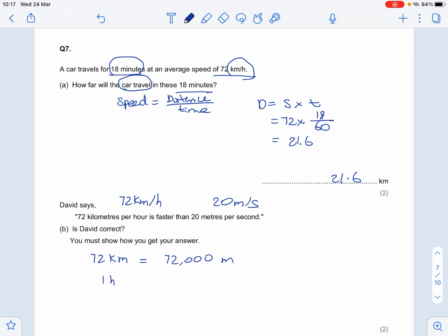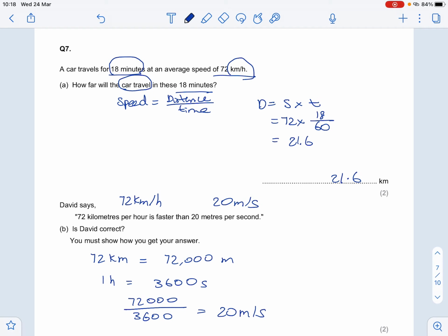Then 1 hour is equal to 3,600 seconds. So for meters per second, we do 72,000 divided by 3,600. So we have 20 meters per second.